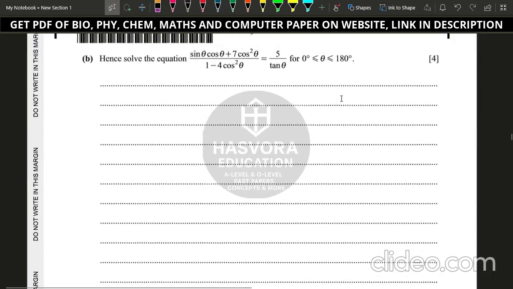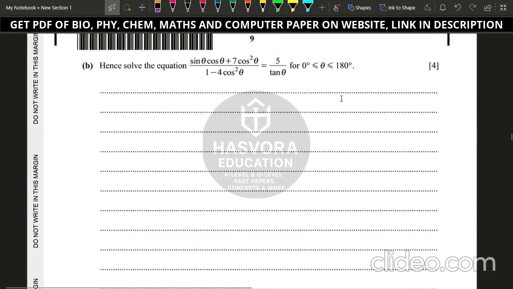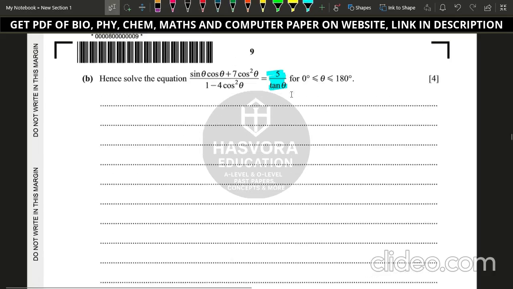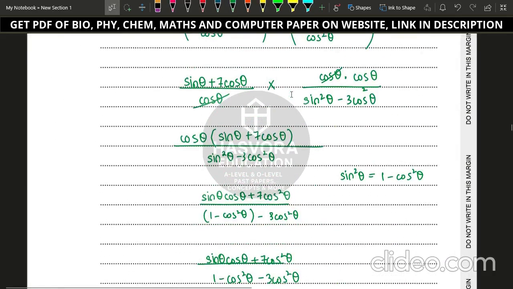Now let's move on to part B, which says: hence solve the equation sin theta cos theta plus 7 cos square theta divided by 1 minus 4 cos square theta is equal to 5 over tan theta. Now you can see that this is actually in tan, so I'm going to pick up the one that was in tan because we have already proved that they are equal.